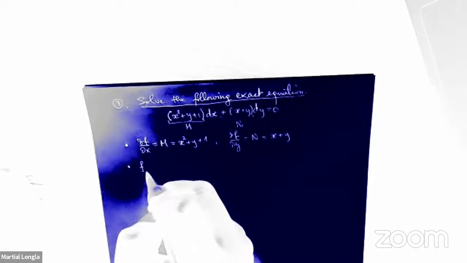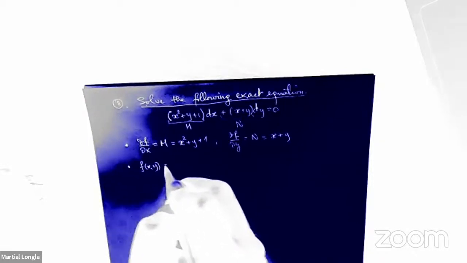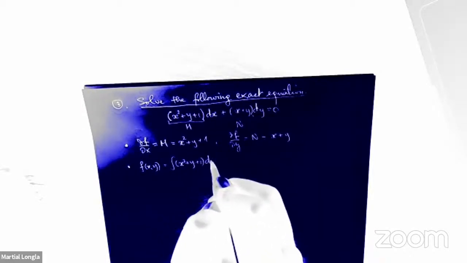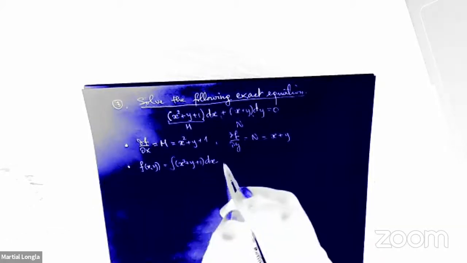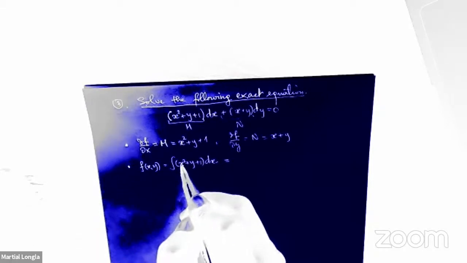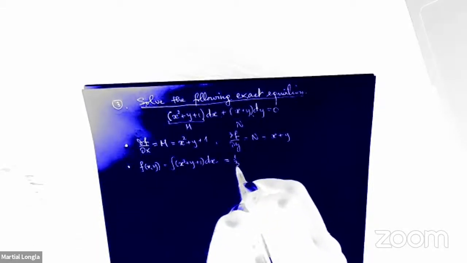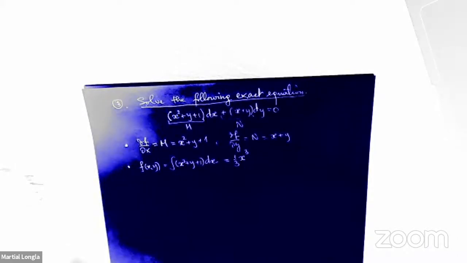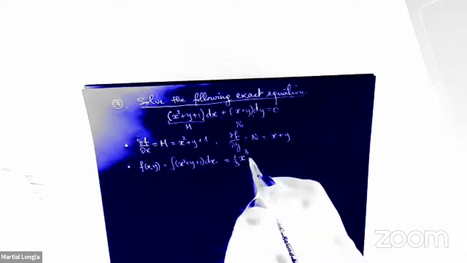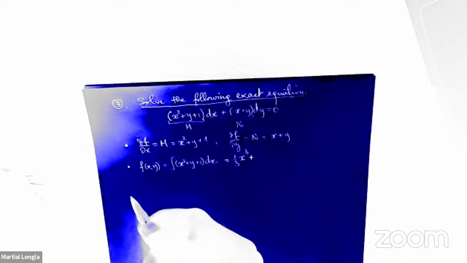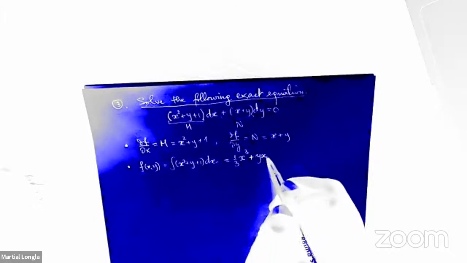So f of x, y is the integral of M, x squared plus y plus 1 dx. And that's integral, not derivative. So you integrate x squared dx, that's 1/3 of x cubed, plus the integral of y dx. y is a constant, so that is yx.